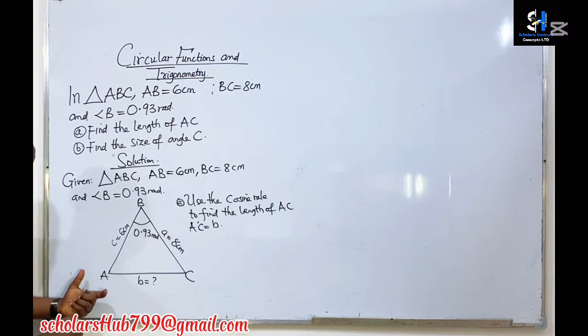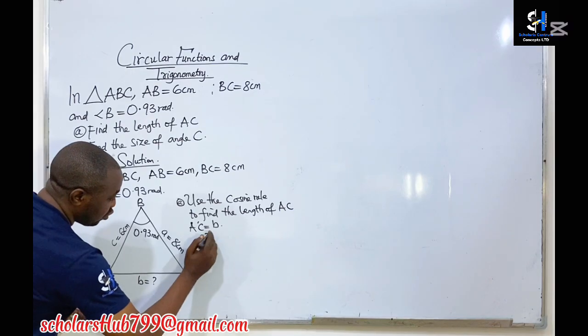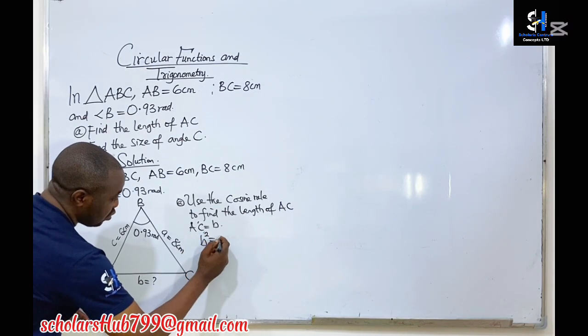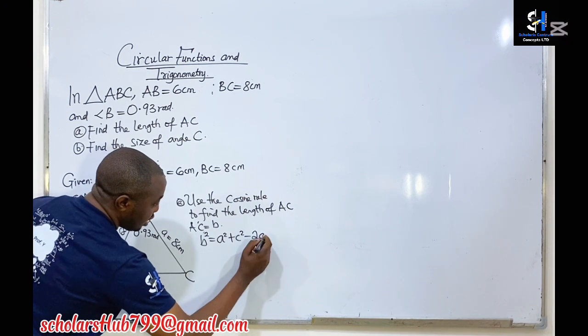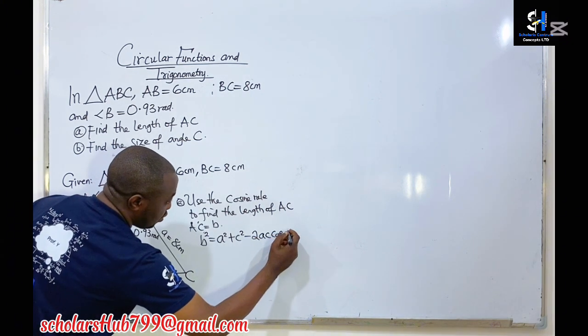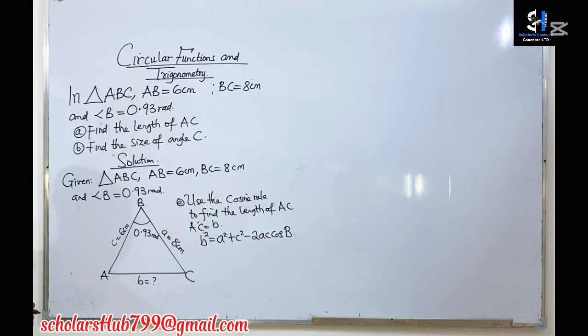So to use the cosine rule in this case, we're going to use the formula b squared equals a squared plus c squared minus 2ac cos B. That's the formula to use.